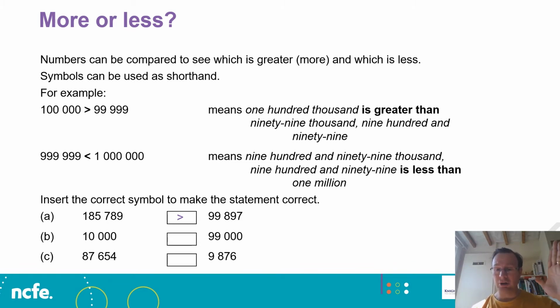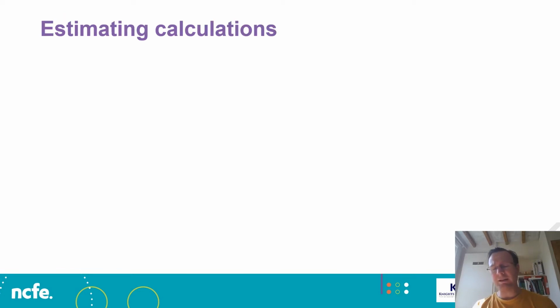The larger side of that symbol is on the side of that larger number, 185,789. So you should look to the next one and hopefully you've got what we have there. So on the side of the 99,000, and then here nicely fitted in on the larger side on that 87,654. So hopefully that's making sense.